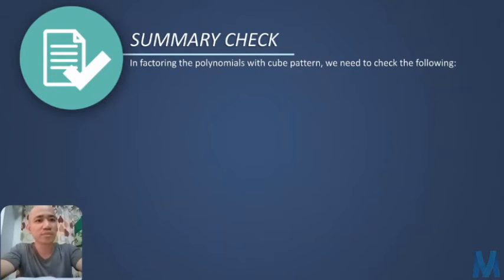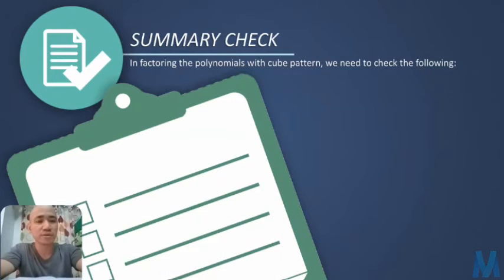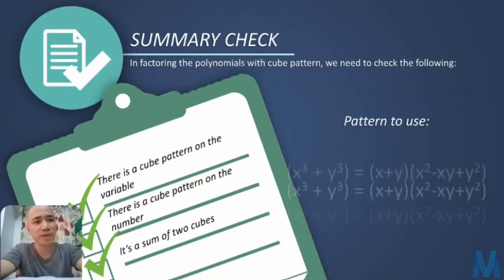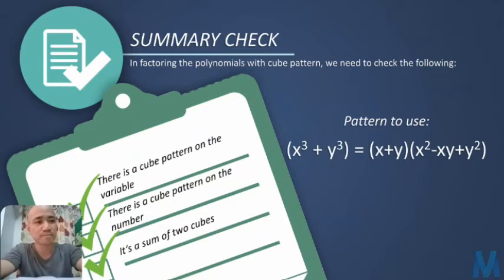Now, in factoring the polynomials with cube pattern, we are going to check the following. Okay, first, if there's a cube pattern in the variable, there's a cube pattern in the number, and if it's the sum of two cubes, so muna yung pattern nga gamiton natin.